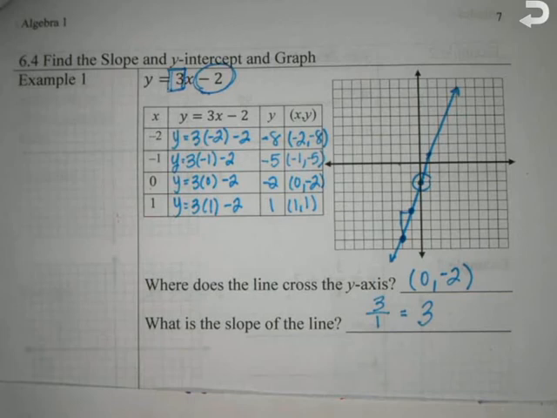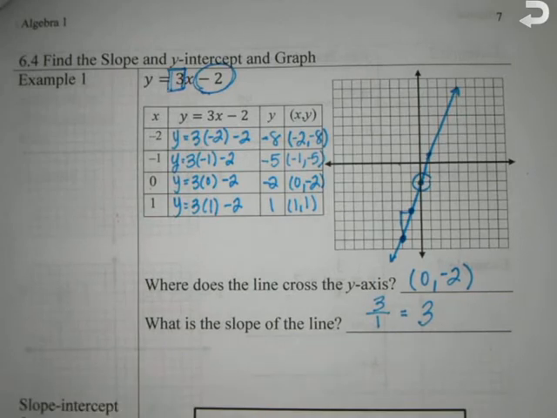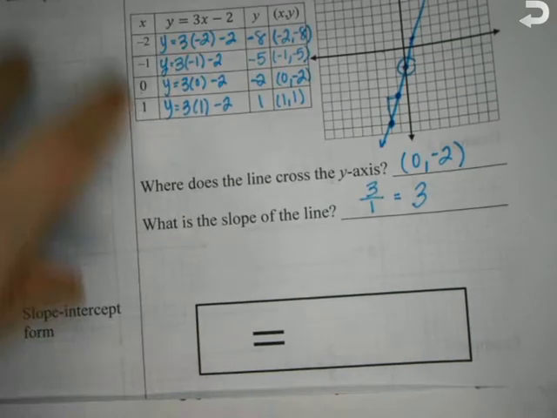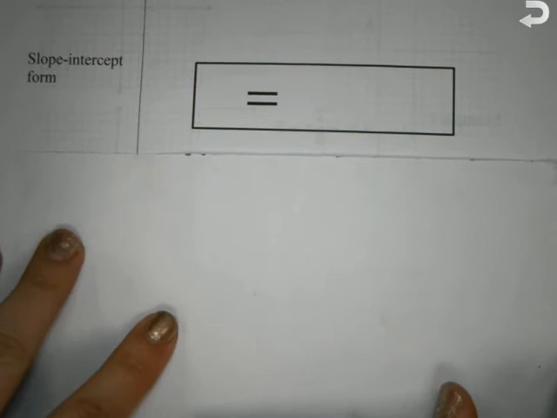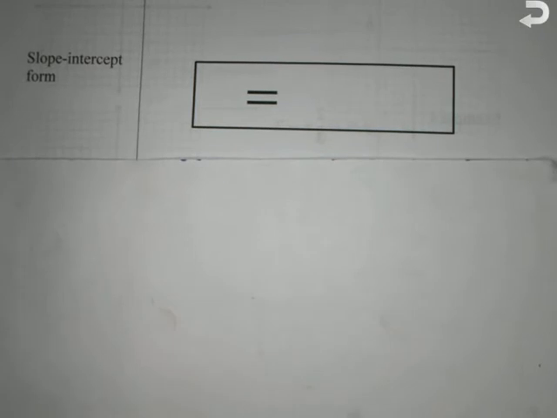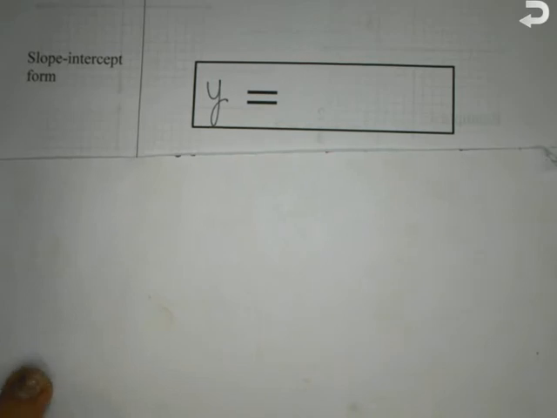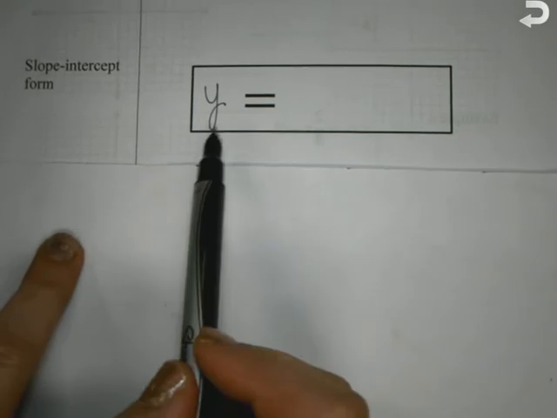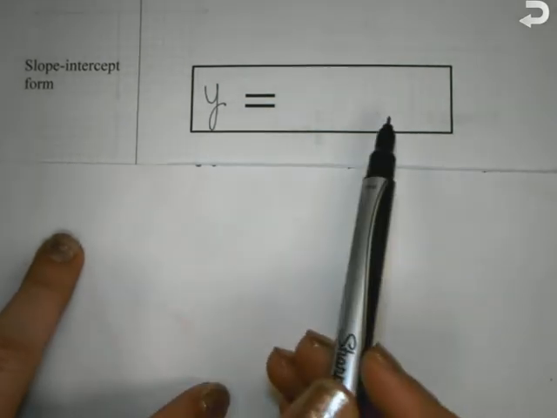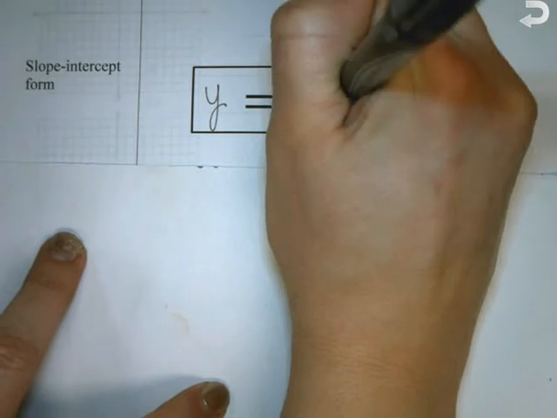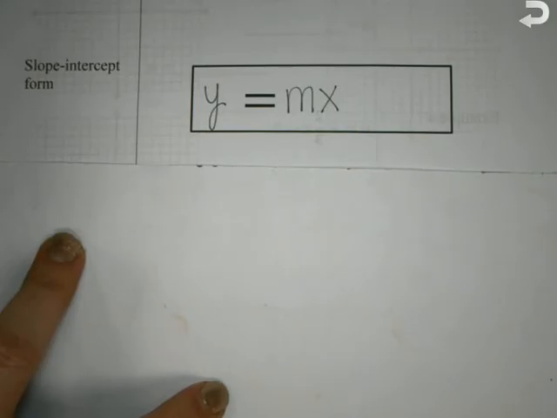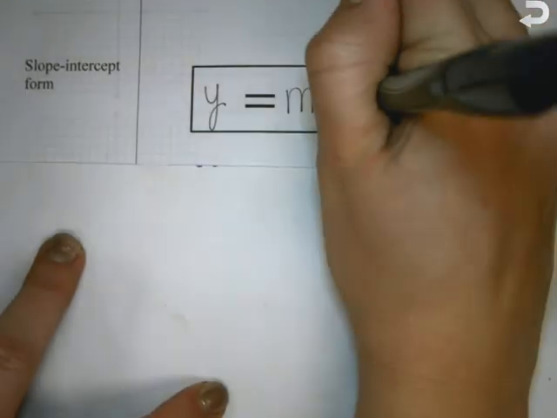So, on the left-hand side you have slope-intercept form in a big box because I want you to write it nice and big. The form for slope-intercept: y equals, y is always going to be by itself. Slope is what was in front of x, so mx, plus, and we call the y-intercept the b term.